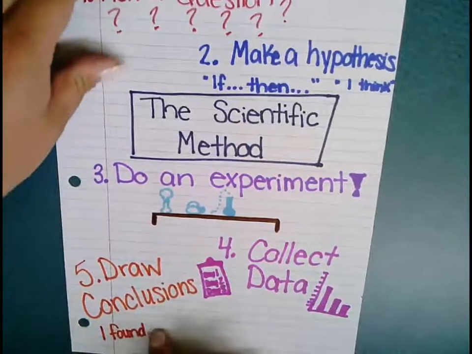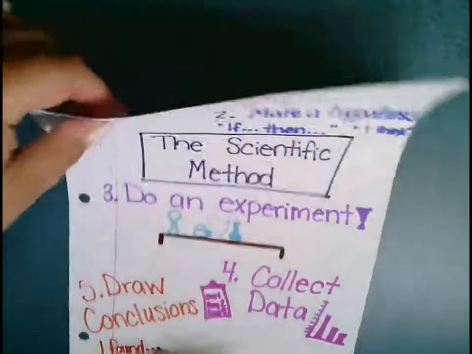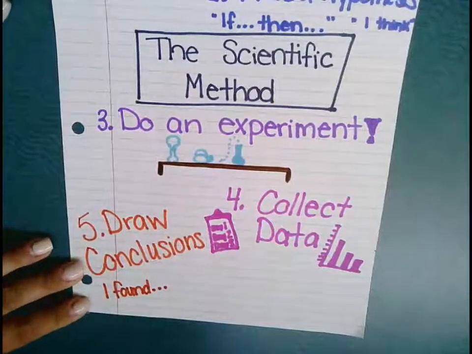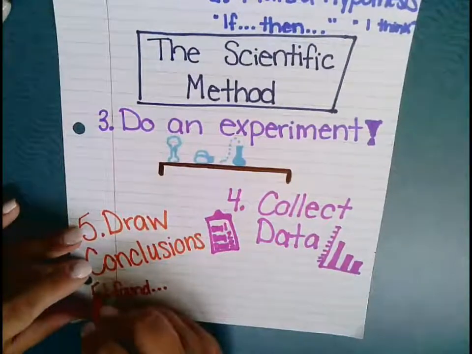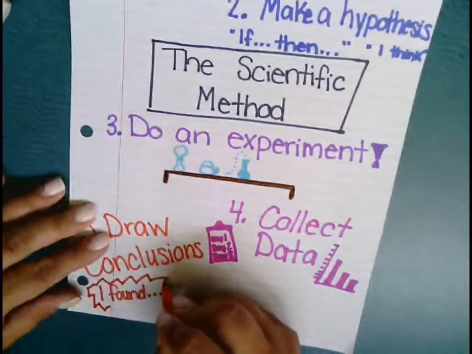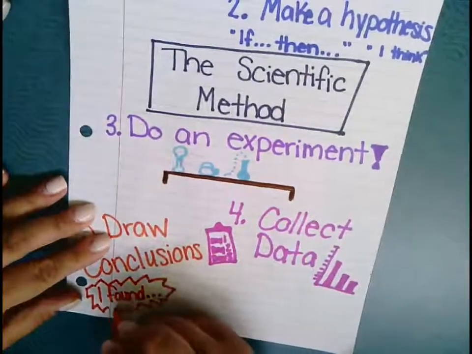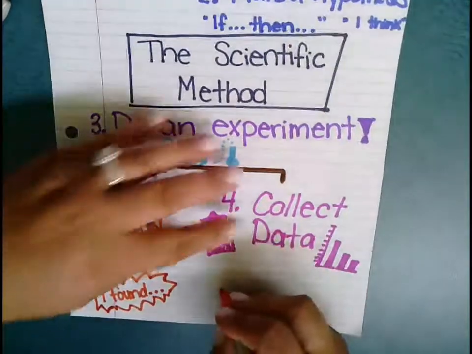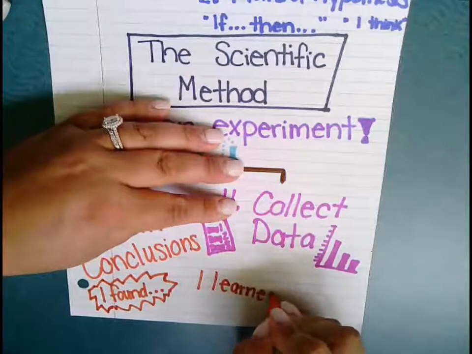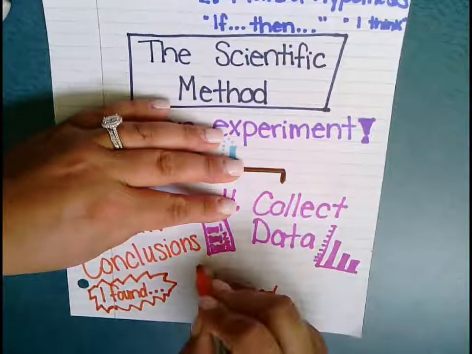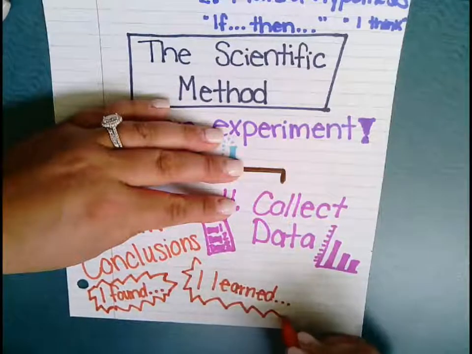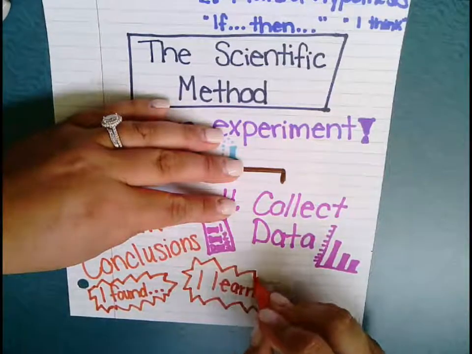That means that I can continue with whatever the results were from my experiment. Maybe I could say I found that the plant that I watered grew taller. I could say I learned that when you water plants, they grow taller than when you do not water plants.